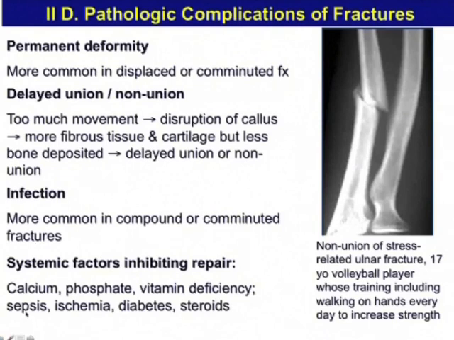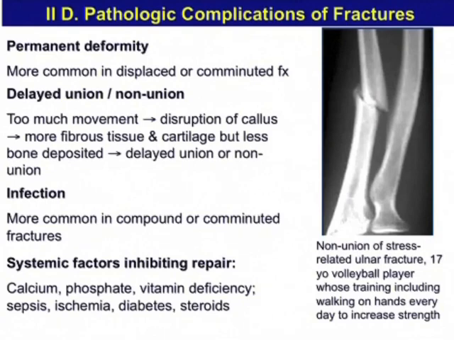Somebody who has sepsis because of infection clearly is going to be predisposed to getting more problems with the healing. Ischemia, you're always disrupting the blood vessels in a fracture. So if you don't get enough blood supply to that area, it's not going to heal properly. Patients with diabetes are prone to having problems with healing, not just in the bone, but really they get chronic wounds, which also won't heal because they have vascular issues.